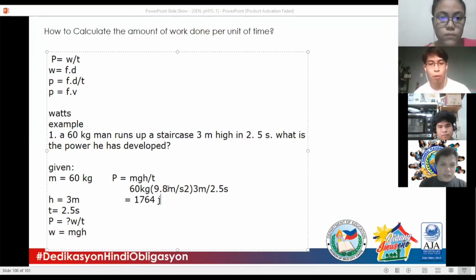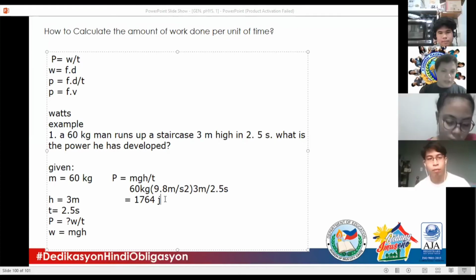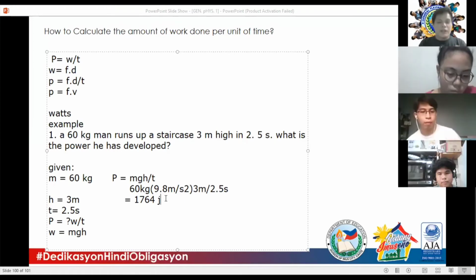So magiging meter squared per second squared. Eh yung 1 Newton is 1 kilogram meters per second squared. So may matitira pang meter kaya magiging 1,764 Newton meter or joules. Sabi pala ni joule ay dapat capital letters na yung unit measure niya.